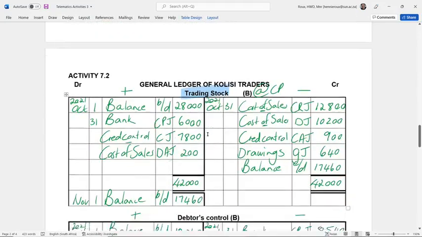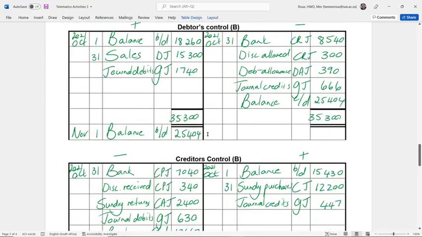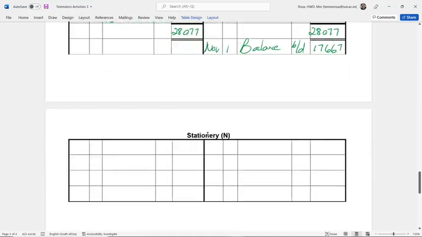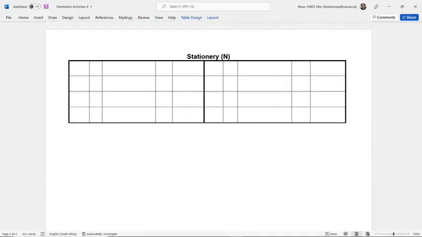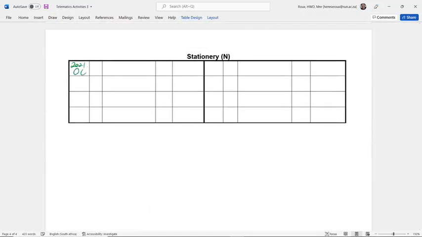The last account there, stationery, which is an expense account, and we know that expenses will have debit balances. So we start 2021, October the 1st, balance for stationery given as 670.